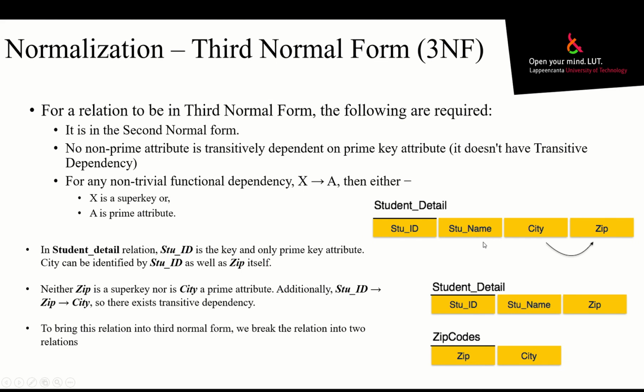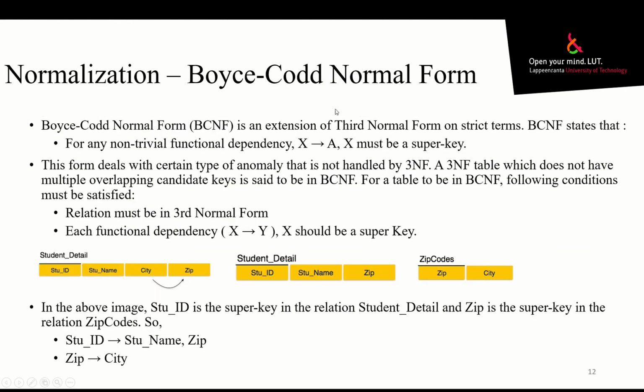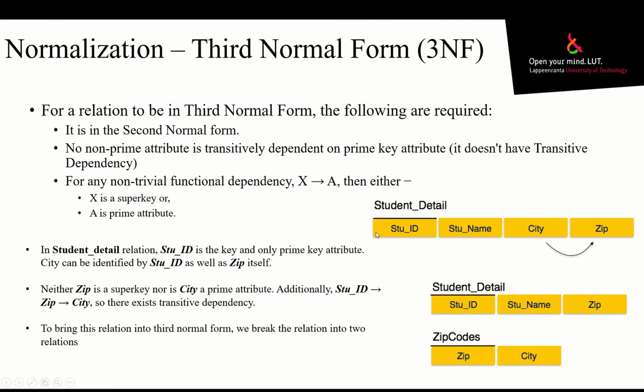So the third normal form basically states that the table has to be in the second normal form, and no non-prime attribute is transitively dependent on a prime key attribute.